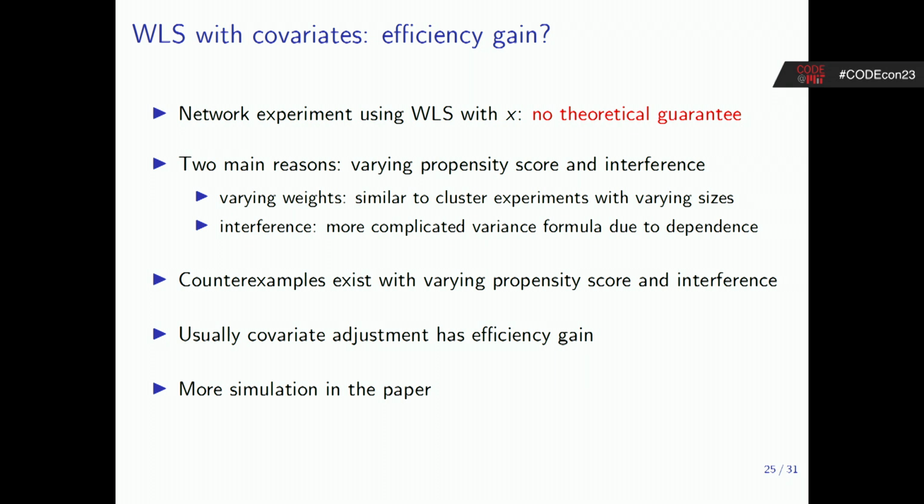We observed this in cluster experiments before, and with interference it is more complicated. There's no guarantee. We have counterexamples in the paper, but we spent a lot of time searching for those counterexamples. They're really dramas, okay? Because in usual data generation processes, you cannot find counterexamples. But in theory, you cannot show it. That's a difficulty of the theory.